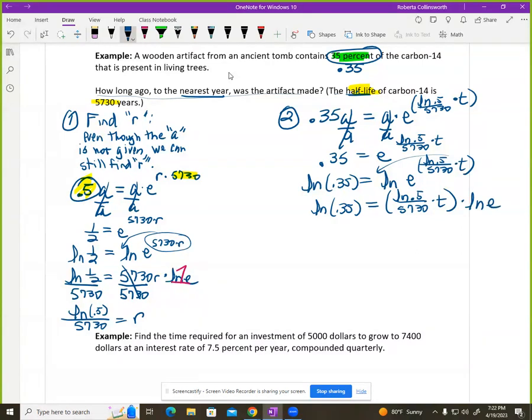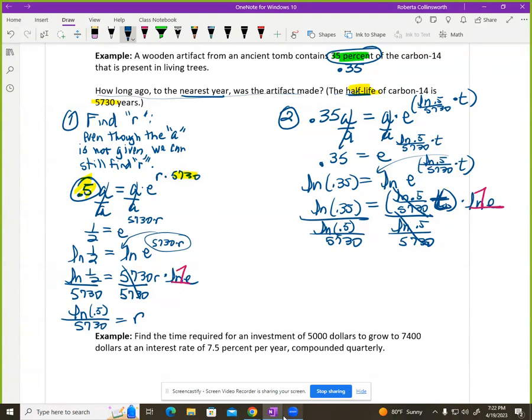Times ln of e. And remember that ln of e is 1. So to find out what t is, I need to divide both sides by the ln of 1/2 divided by 5,730. And that's going to give me t right here. This cancels. This is the only thing that's left.